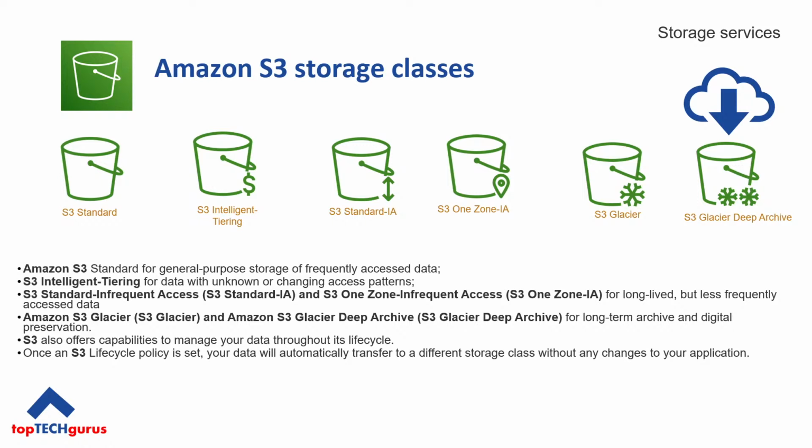A lot of exam questions come up here: in this scenario, will you store it in S3 Glacier or in S3 Intelligent-Tiering? They would give you a scenario and ask which one is the best suitable storage class.